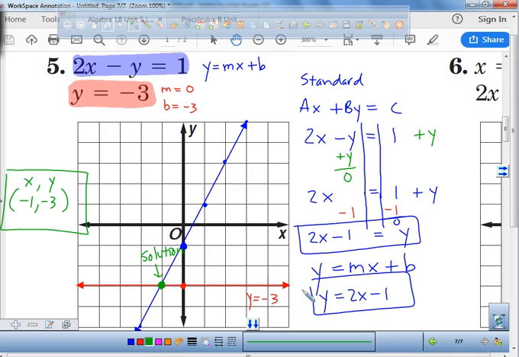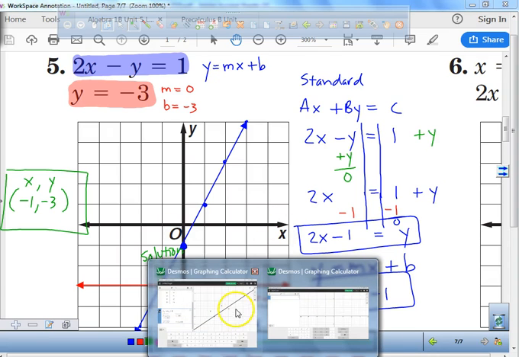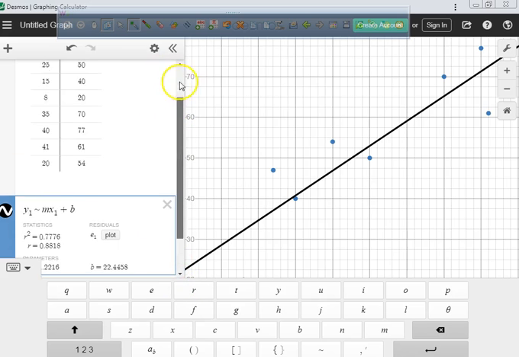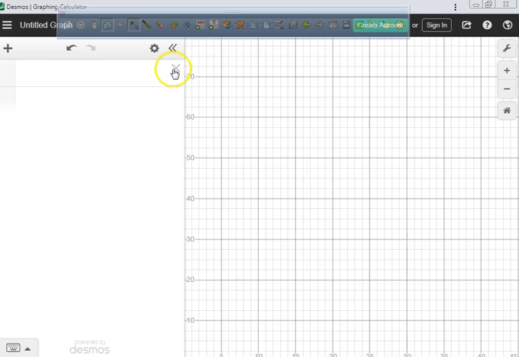Now, did we use a graphing calculator at all on that one? No. So listen, let me show you how to do it in Desmos, okay? In Desmos, this is all you would have to do. I'm going to clear some things out that we typed in from the last assignment.